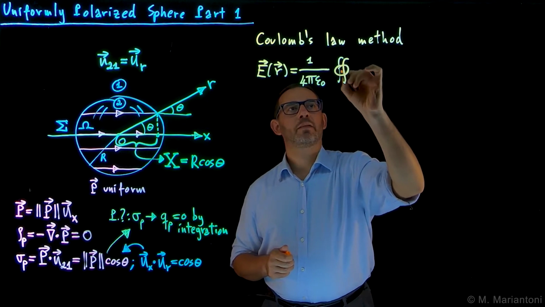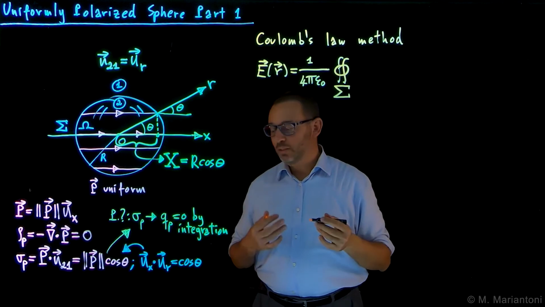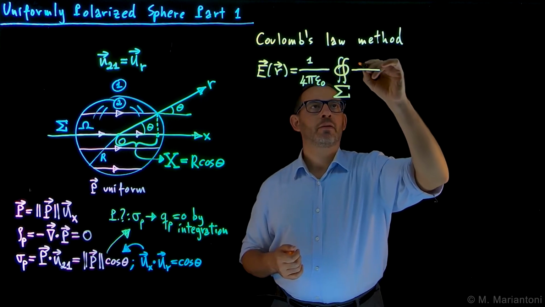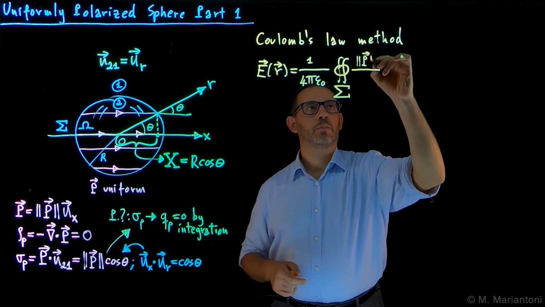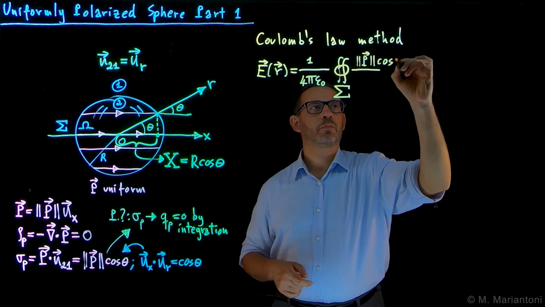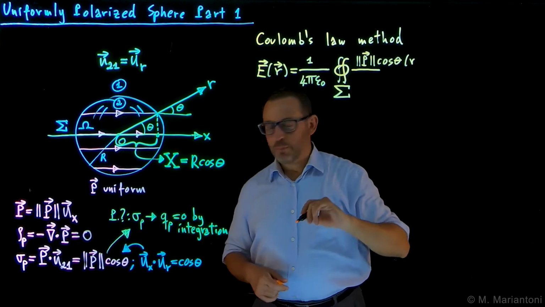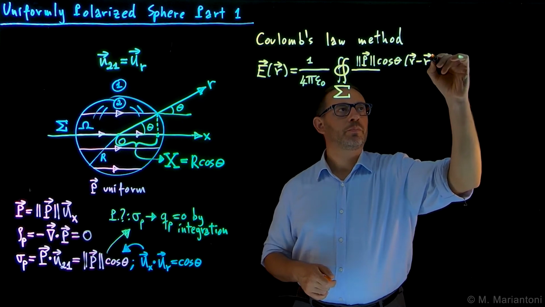So we just need the surface integral on capital sigma of the charge distribution, sigma p, which is nothing but the norm of p vector times the cosine of theta, so it's non-uniform, times the distance r minus r prime, as we defined in one of the previous videos.